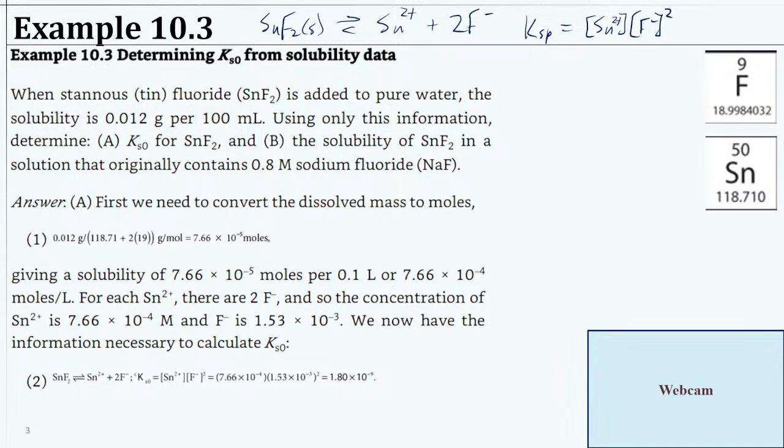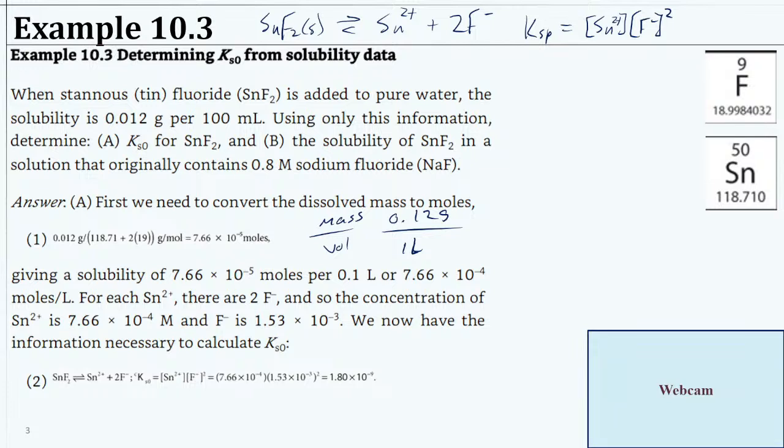To continue that answer, maybe I'll write this a little larger for you. We can take the amount of mass per volume. It was 0.012 grams in 1/10 of a liter, so we can multiply that all by 10 to get it per liter. 0.12 grams per 1 liter might be a nicer way to write it.